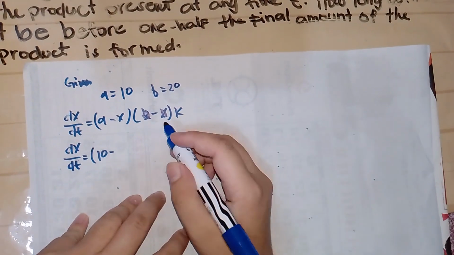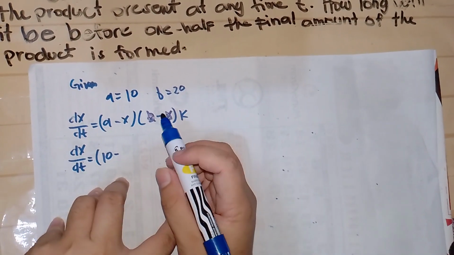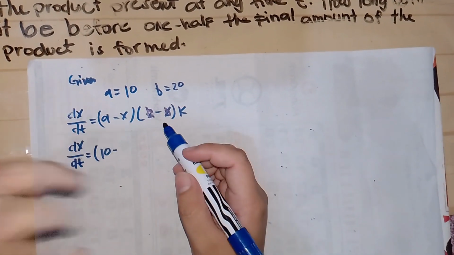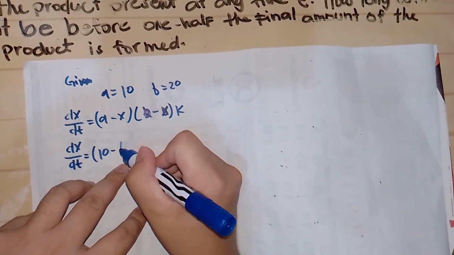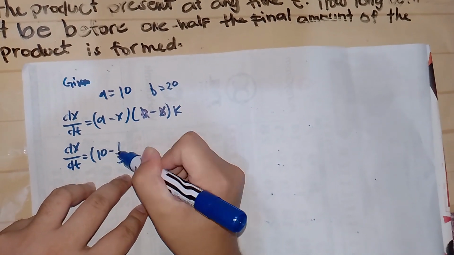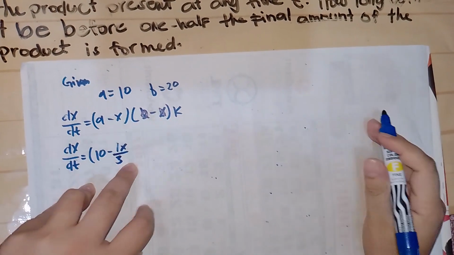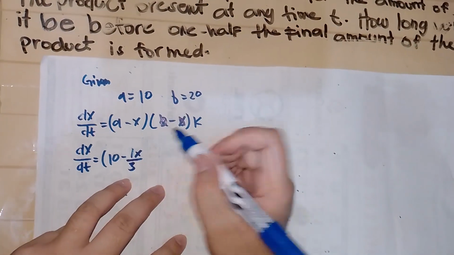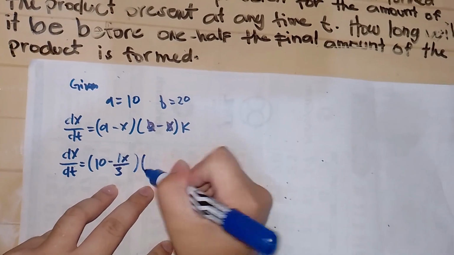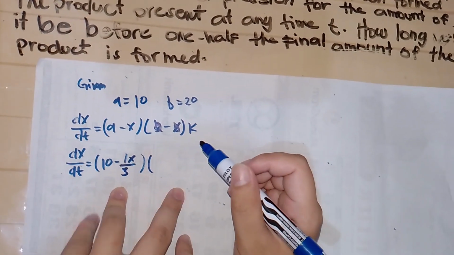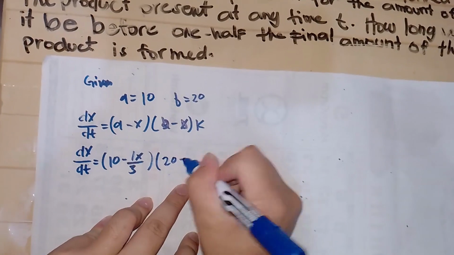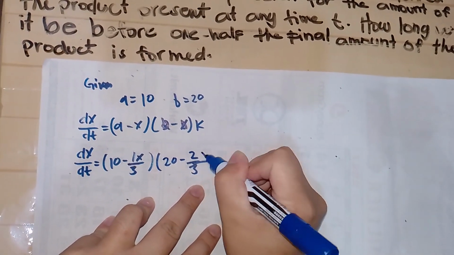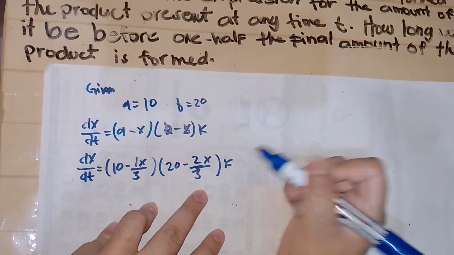Since we have the ratio of 1 to 2, therefore the first substance, which is 10 grams, contributes 1 over 3 x grams to our product C. And for the second substance, we have 20 grams, and what it contributes is 2 over 3 x, okay, times k.